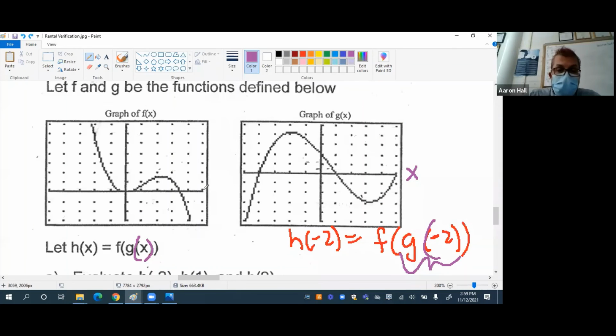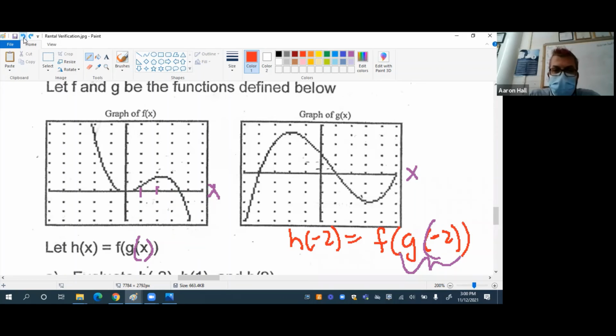My x value. So we're going to go across the x-axis, 1, 2, 3, 4. Where's y? Louder? I can't hear you. Louder. So is it 2? Negative 2? Does that look right to you? About negative 2? So the answer for that one is negative 2.